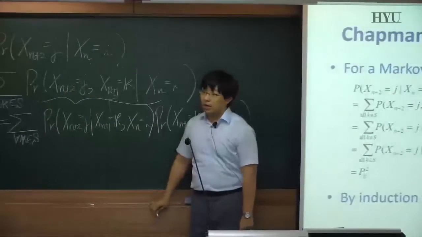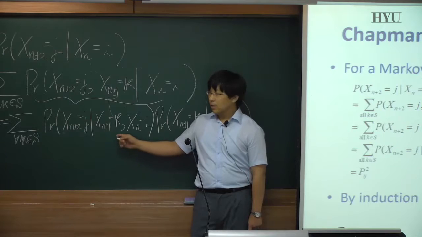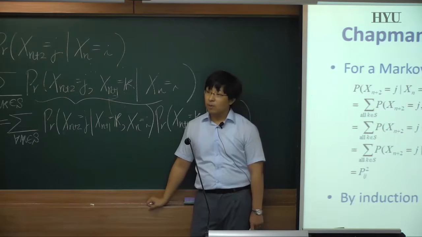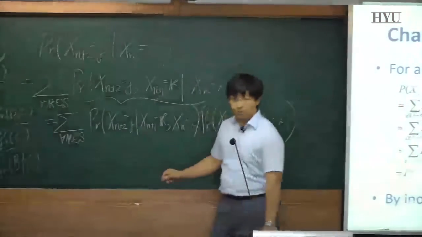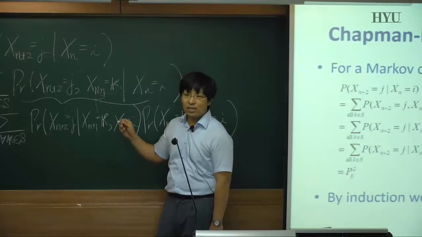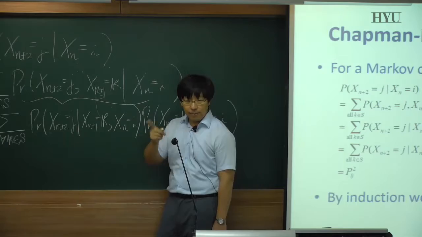And then what do we know in this summation? This first term probability is the same as, hint, X_n is a discrete time Markov chain, then p_{kj}, k to j, right? One step.